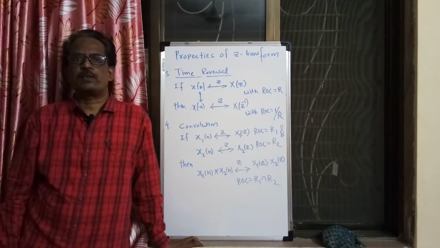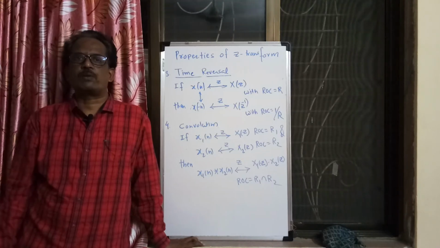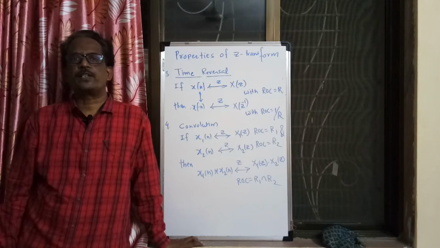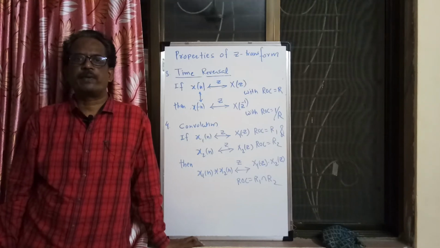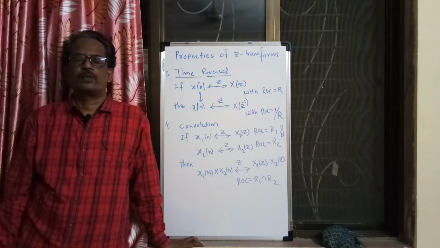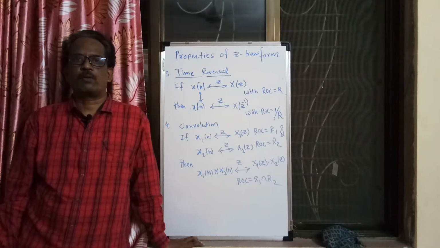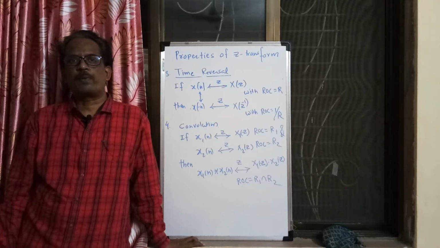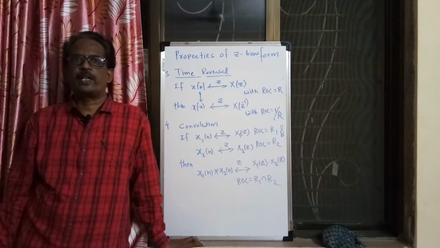So what is the process? First find the z transform of the first sequence, then find the z transform of the second sequence, multiply their z transforms, and take the inverse of whatever z transform we get. That is the result of convolution in time domain. So this is a very important property. You will understand its importance when the signals are infinite in nature in time domain.